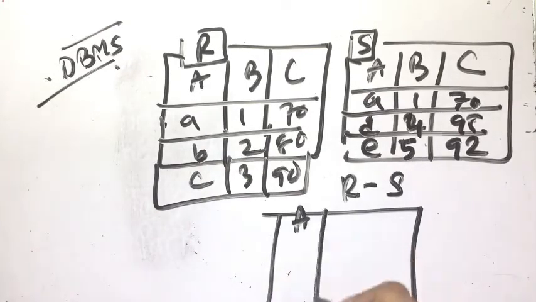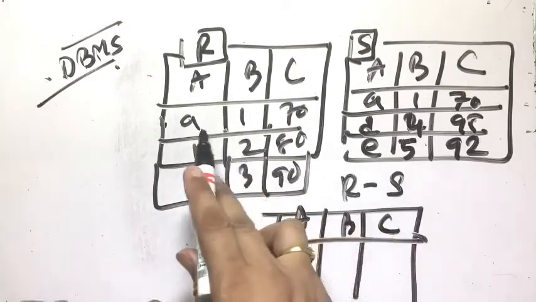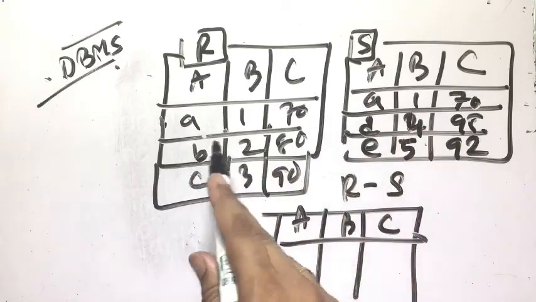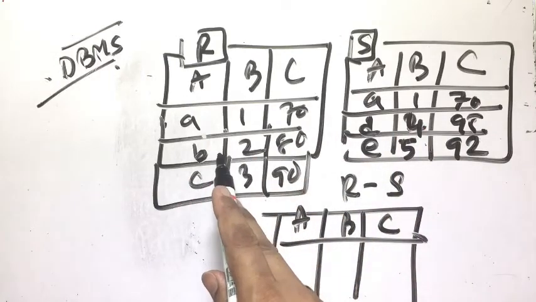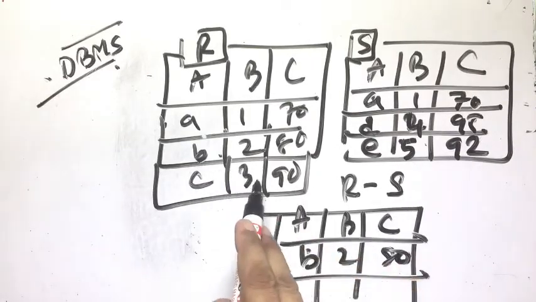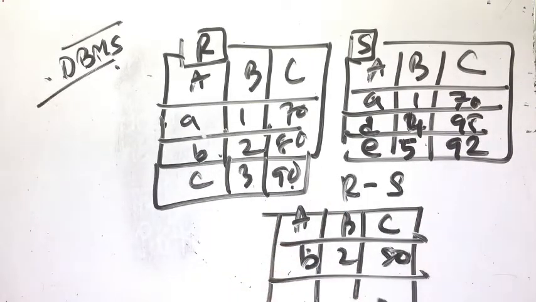A 170 is there, and it is also available in S. B 280 is available in R, not in S, so it will display B 280. C 390 is available in R but not in S, so it will display C 390.